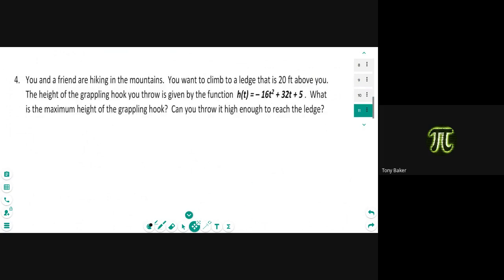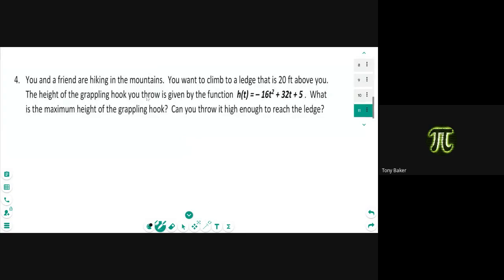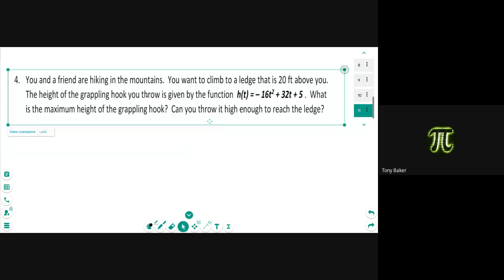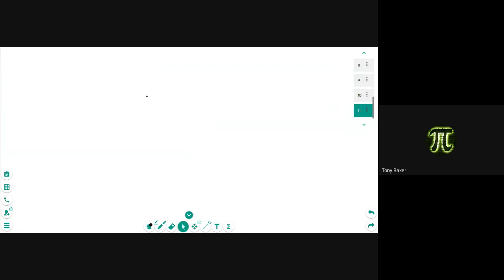Oh, we're not doing that problem. This one. There we go. All right. So we're going to find a derivative first.